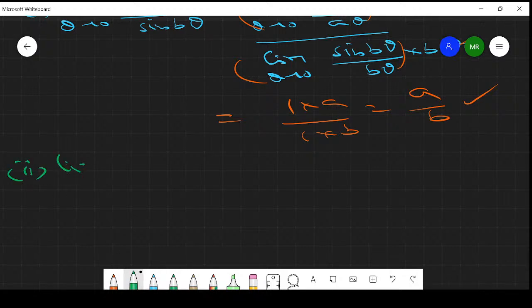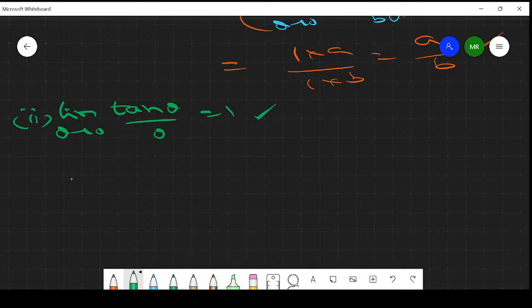Limit theta tends to 0, tan theta by theta is equal to 1, they are asking to prove this. When they are asking to prove this, I can consider limit theta tends to 0.